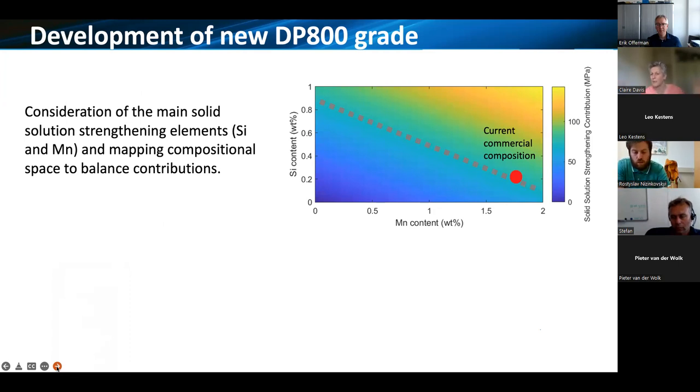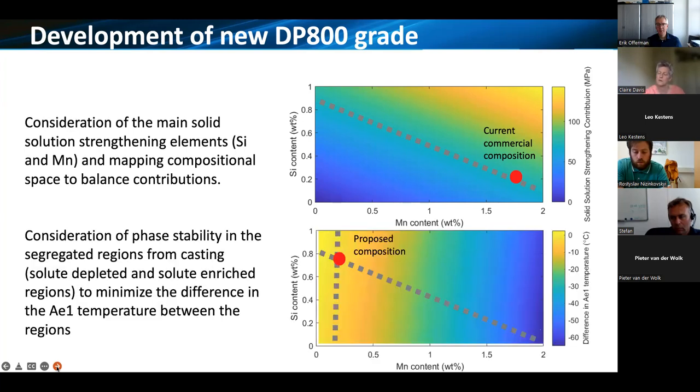And so we can map on a heat map and look to see where we would need to be to have similar solid solution strengthening. And then we said, right, we want to minimize our segregation. So we want to minimize the difference in the Ac1 temperatures between the solute-rich interdendritic and solute-poor dendritic regions.